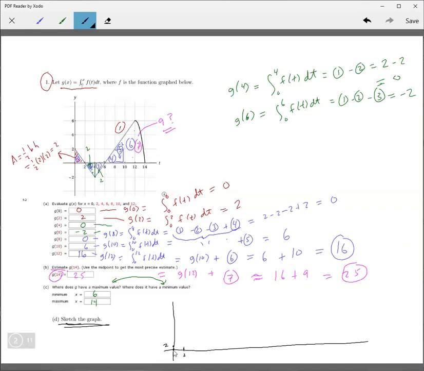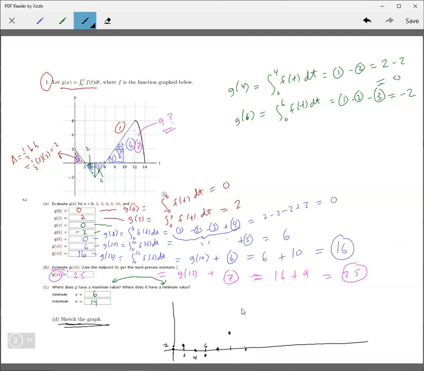Okay, so at 0, it's 0. And then it goes up to here to 2, right? At 2. And then at 4, it's back at 0. And then at 6, it's at -2. So you're down here. And then at 8, you're back at 0. And then at 10, you are up at 6. So you're up here. And then at 12, you're at 16.